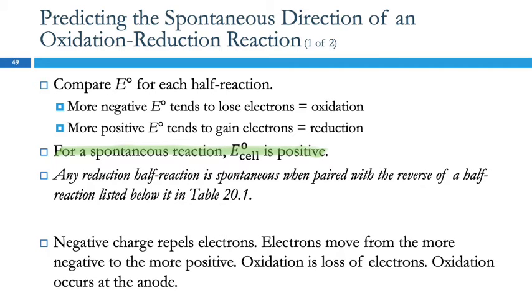Adjust the signs, add them together, and see if it's positive or not. Negative charge repels electrons. Electrons move from the more negative to the more positive. Oxidation is loss of electrons. Oxidation occurs at the anode. I mean, these are the sorts of things you have to just think through, because I'm pretty sure if I don't remember those easily, you're not going to remember them either.